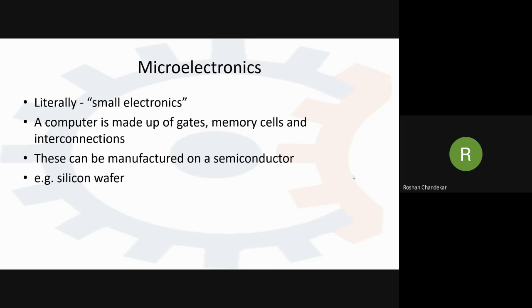Gates are used to simplify the structure of our architecture. We use gates, memory cells which store data, and their interconnections, and these can be manufactured on a semiconductor, the silicon wafer.